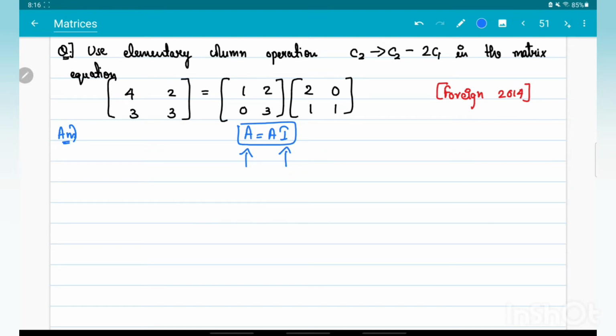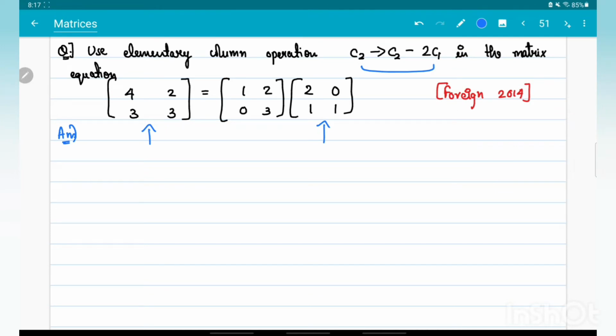In this case there is no identity matrix, so we are going to apply the column operation on the LHS matrix and on the second matrix of the RHS, simultaneously, and find the answer. The first matrix will remain the same as it is. Now let us solve this.